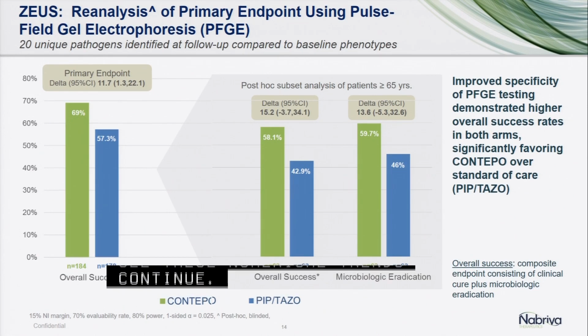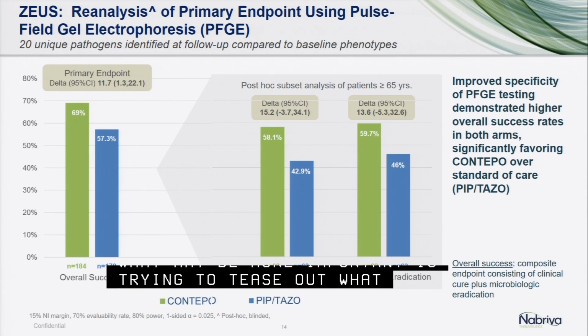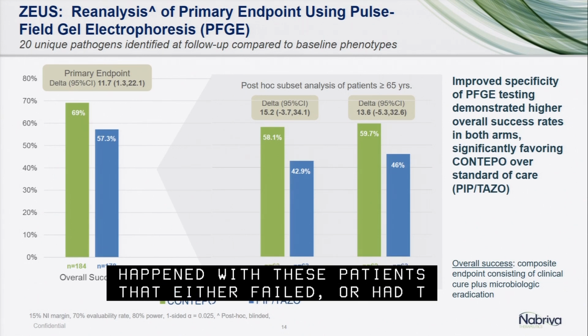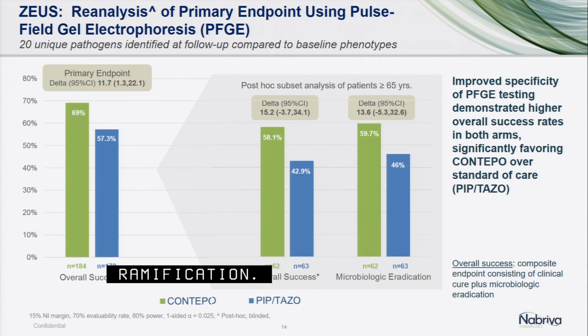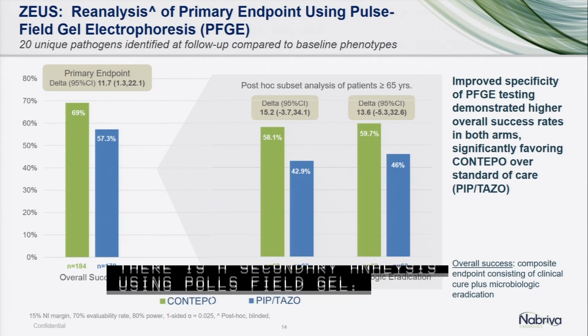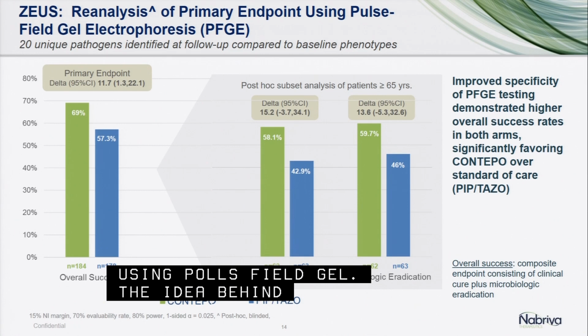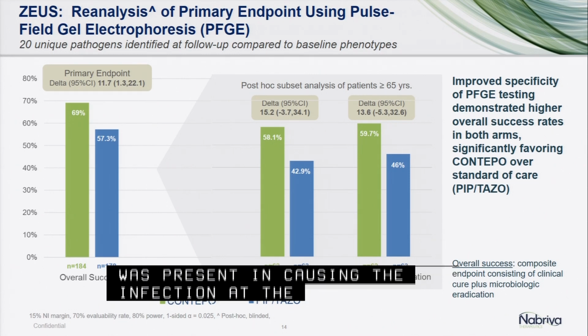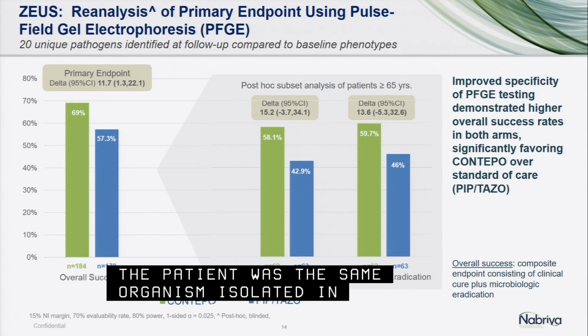What may be more important is trying to really tease out what happened with these patients that either failed or had microbiologic eradication. So there was a secondary analysis using pulse field gel electrophoresis. Basically, it's genetic testing. The goal was to prove that the organism present and causing the infection at the beginning for the patient was the same organism isolated in those that had microbiologic eradication or microbiologic eradication failure.